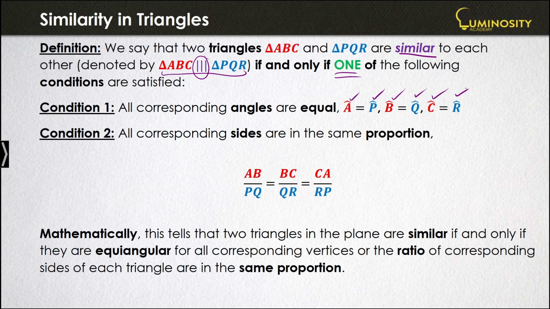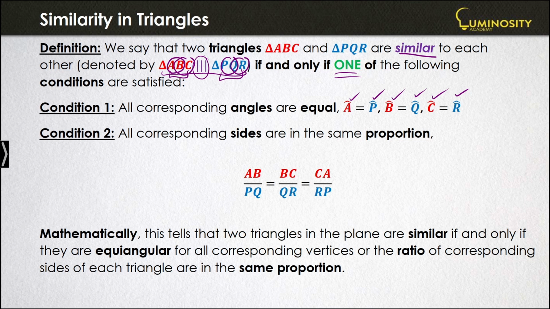However, if you know more information about the side lengths of the triangle and not much about the angles, then you can show that all corresponding sides are in the same proportion. So AB over PQ must be the same as BC over QR, which must be the same as AC over PR.